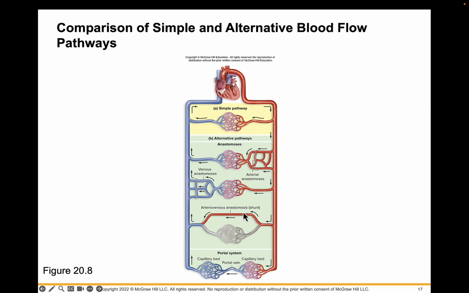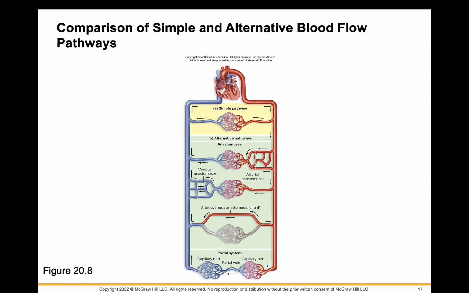We can have a shunt. And what a shunt is, basically you completely bypass the entire capillary bed and you're going from arterial to venular side. This is not a metarteriole because, once again, we're not talking about a bed of capillaries. They are completely bypassed.